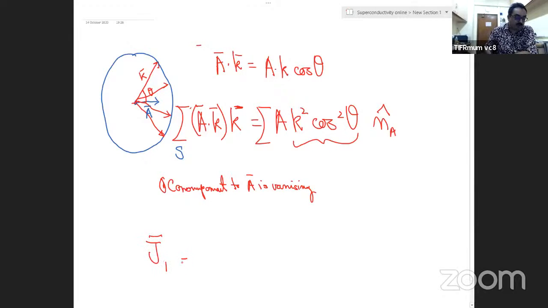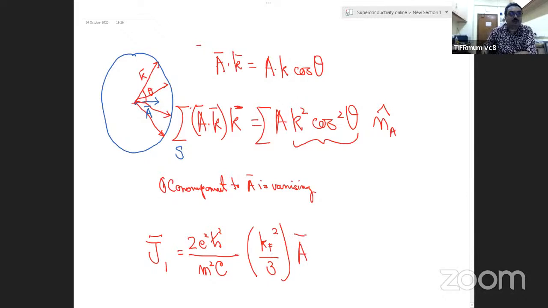If you do it, what you will get is cos squared average over the sphere, which over a unit sphere is 1/3.